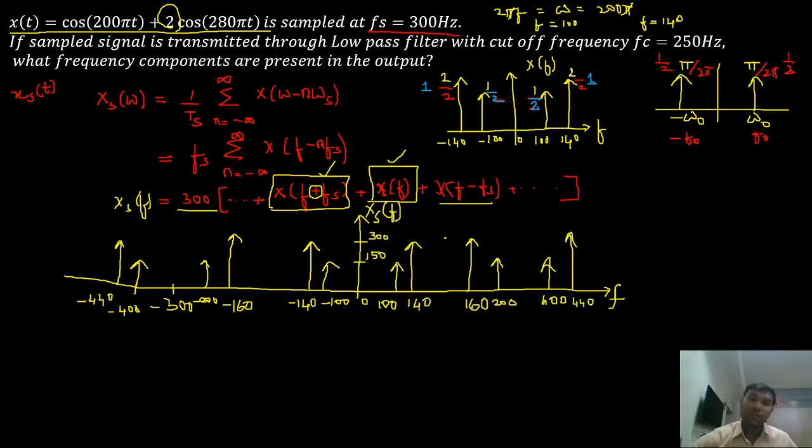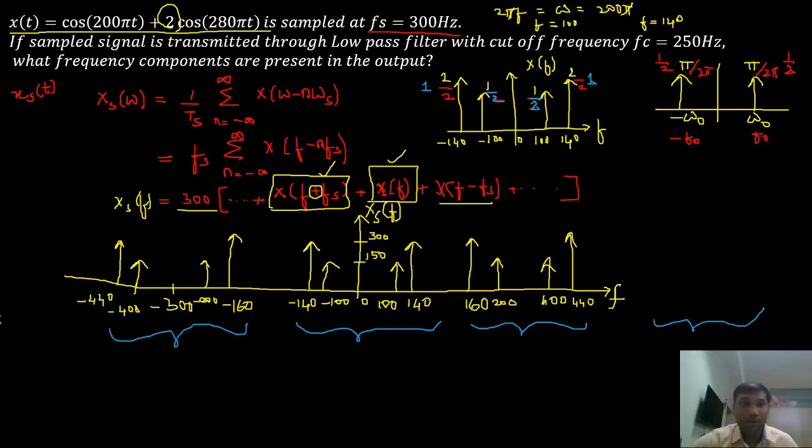These things keep on repeating. This part is my original Fourier transform for the signal x of t. So this is repeated here, and it is repeated here, and it keeps on repeating infinite times. That is what we had when we discussed the sampling theorem.